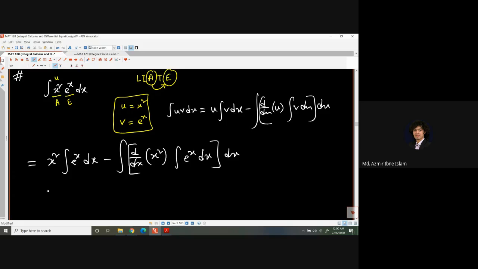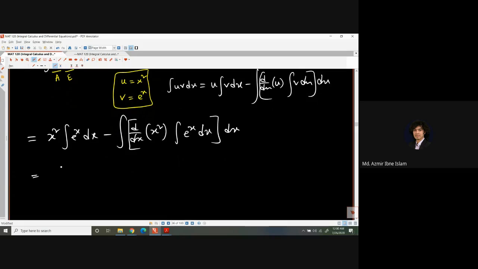So you know that this will be x squared, and integration of e to the power x dx, that is going with a direct formula, it is e to the power x. And now we can write differentiation of x squared in terms of x is actually 2x, integration of e to the power x is becoming e to the power x.